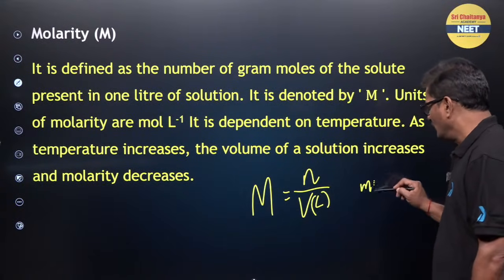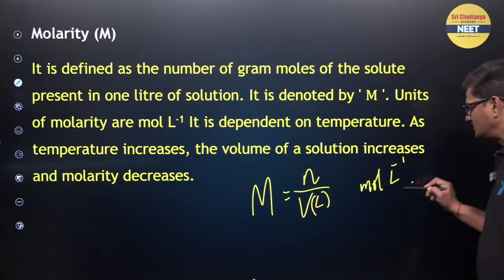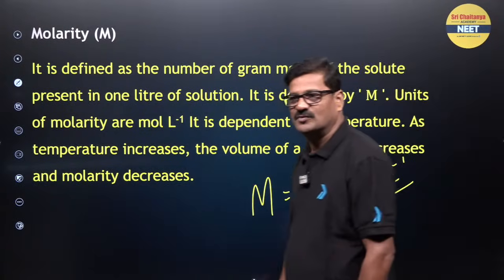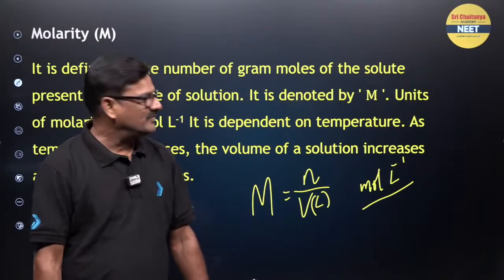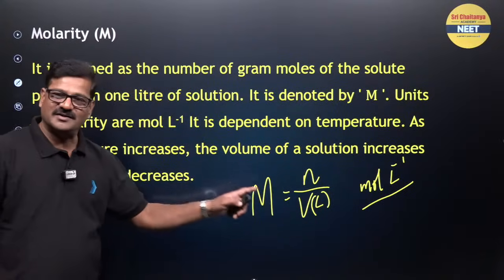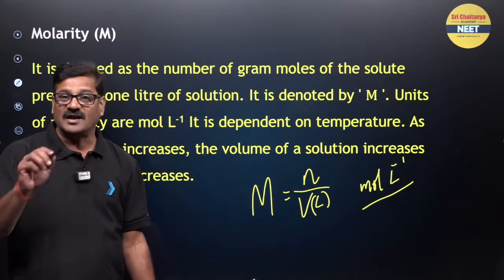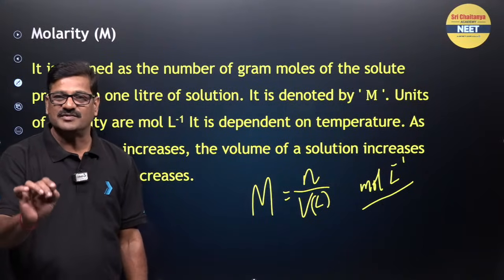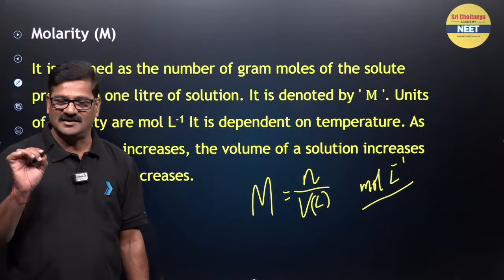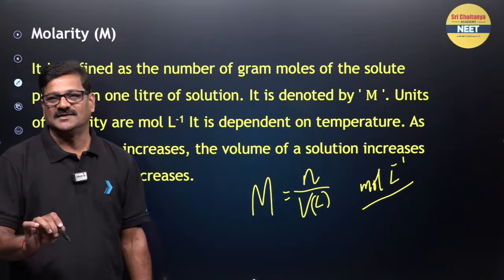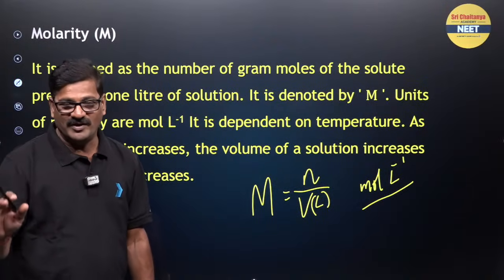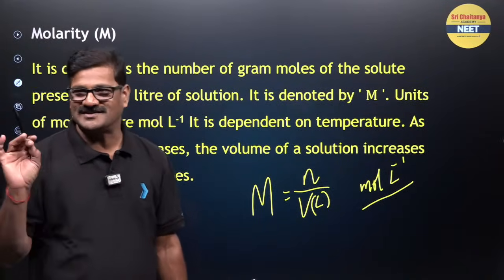So mole per liter is the dimension for molarity. Wherever you use a formula or a numerical, write its units, as CBSE requires; otherwise you may lose half marks, okay.